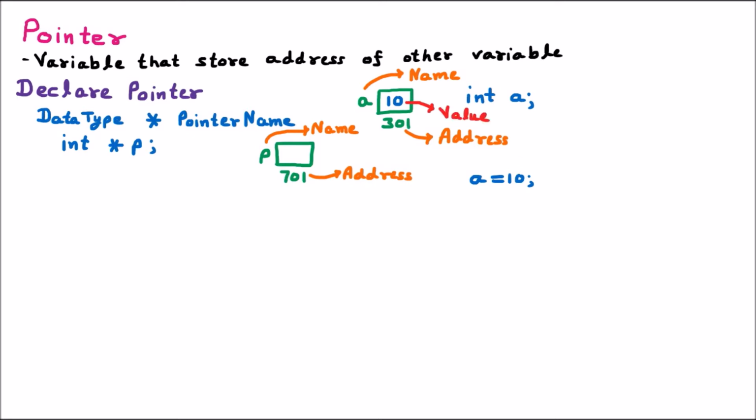But if we talk about the pointer, a pointer does not store the value, a pointer only stores addresses. That means if you want to store somebody's address, you have to store it in the pointer. So if somebody asks what is the difference between a pointer variable and a normal variable, you should understand that a pointer stores the address, but a normal variable stores the value.